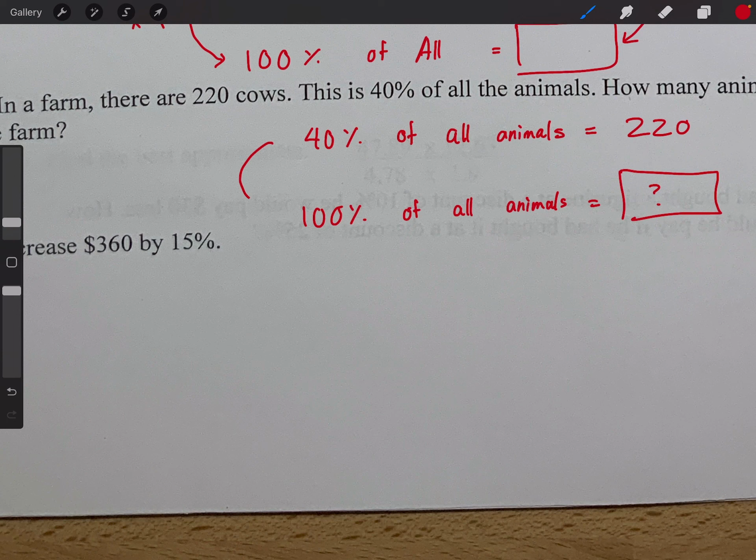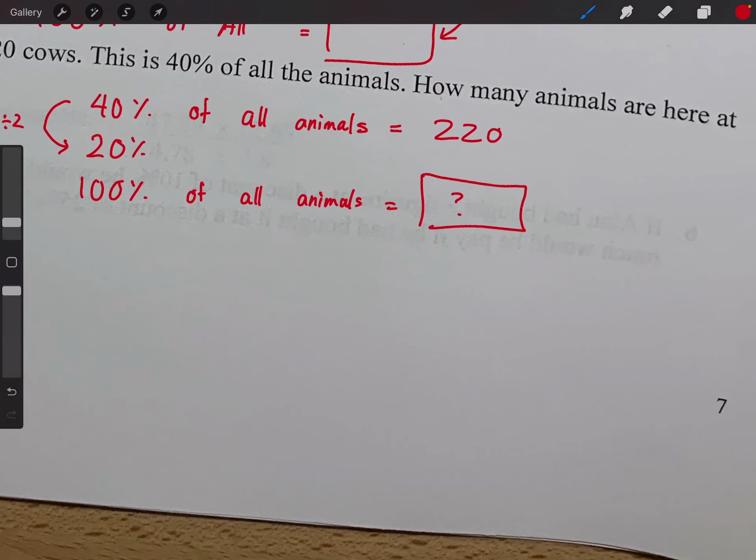Alright, to go from 40 to 100, you must multiply by some number. Might be hard to figure it out. So why don't we do 2 steps. Let's go from 40 to 20 first. So we divide this by 2, and obviously you have to divide this by 2. You will get 110.